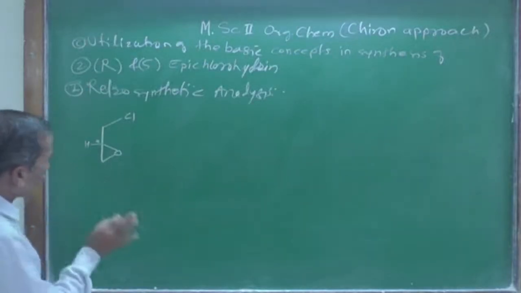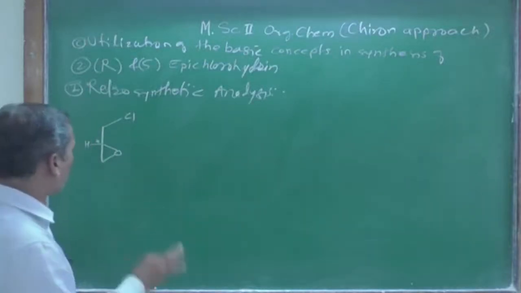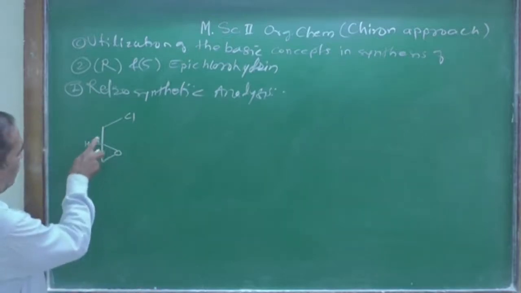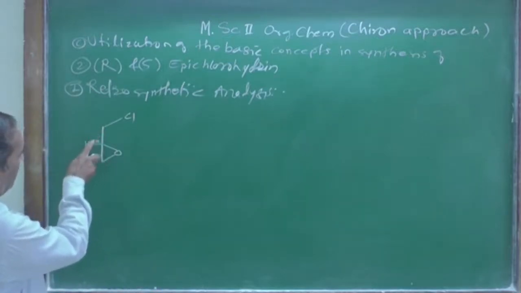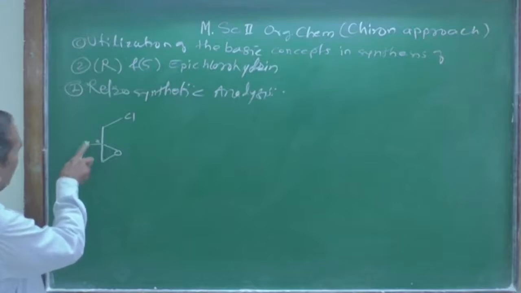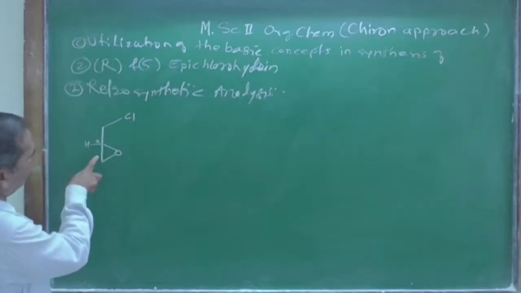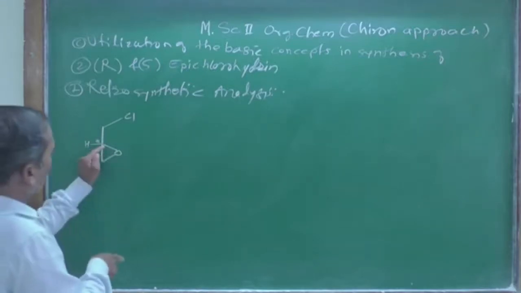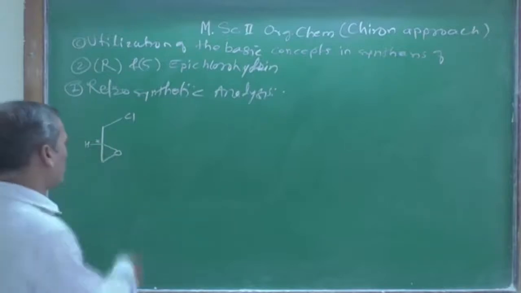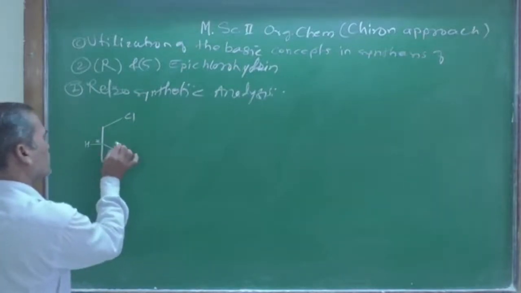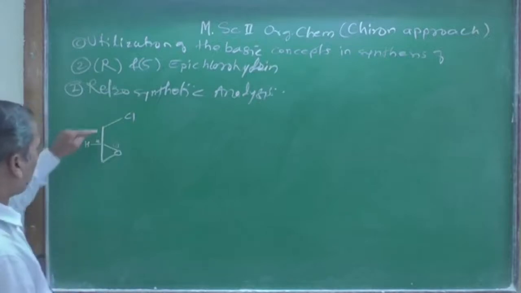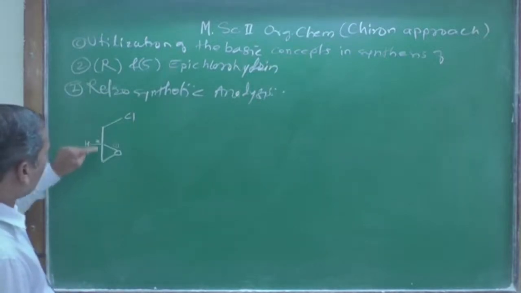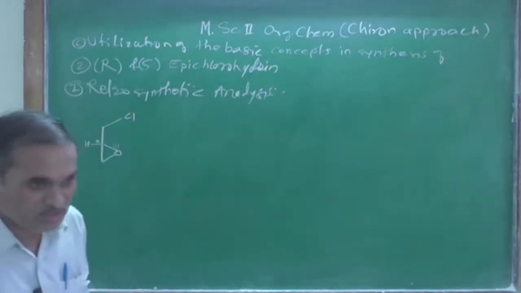Now can you give the priority numbers to this? Look at one bond here, another group, this one, and this one. Now look, this is directly attached to oxygen, and therefore it will get the first priority, right? Now among these two, here carbon, here also carbon, so apply the second rule.